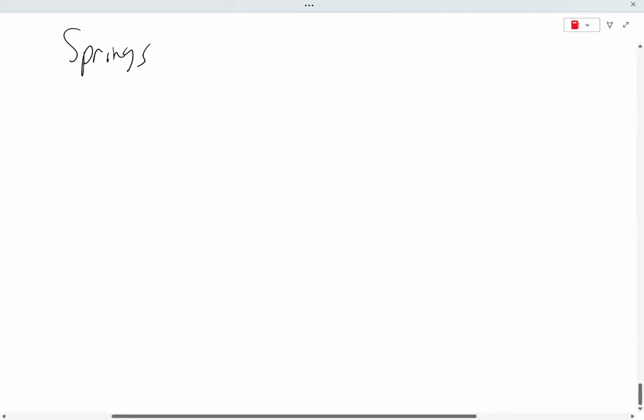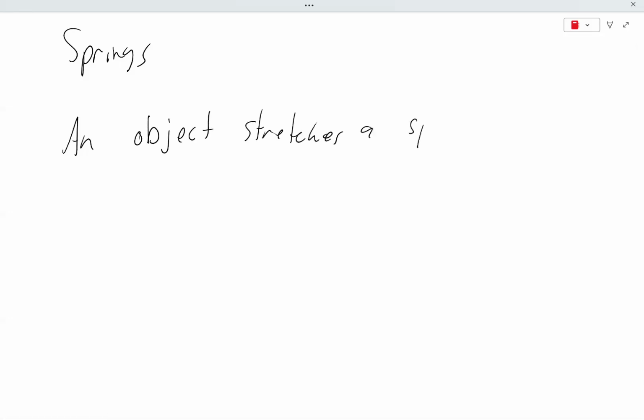So I'll probably do the harder one here. Write this down. So let's say an object stretches a spring, say 20 centimeters.